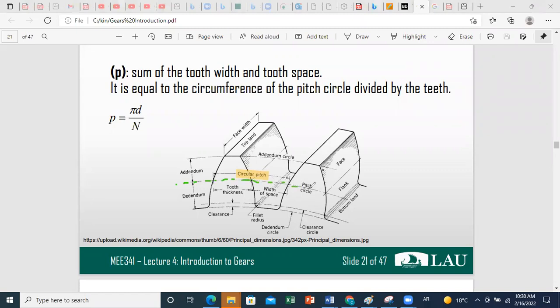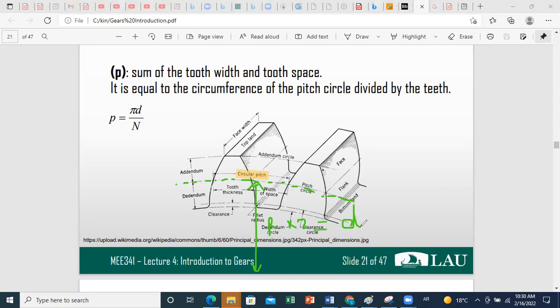So you can determine your pitch circle. When you draw your pitch circle, the distance between the contact point and the center line defines the radius of your pitch circle. From here, if you multiply by 2, you get the diameter of your pitch circle D.